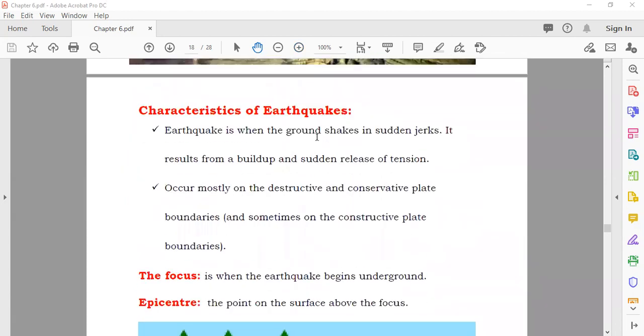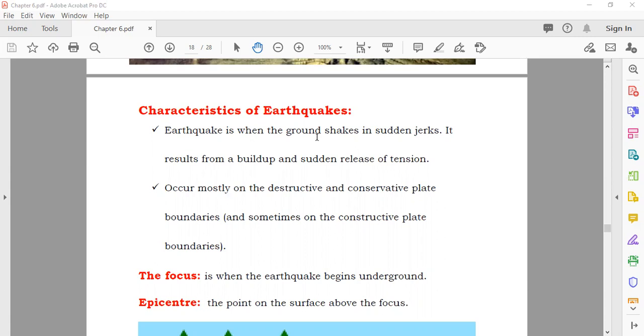Now, characteristics of an earthquake. Whenever talking about the earthquake, what is the earthquake? When the earth shakes. And why does the earth shake? Because under the earth, tectonic plates move. Not all the time are they moving. Sometimes they only move, adjusting themselves due to high pressure or any other reason.